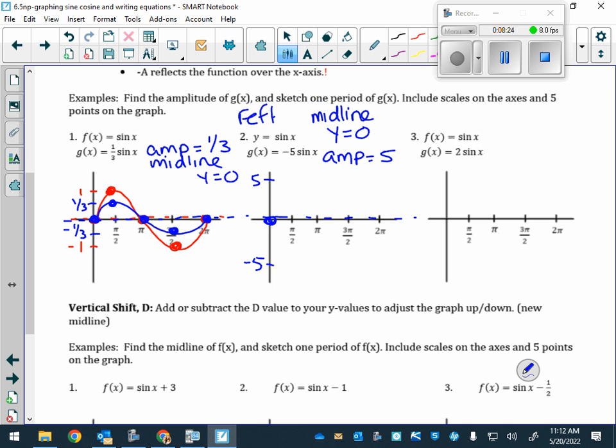Now pi over 2, where will I go? Excellent, because of reflection. Then pi. Where am I at pi? 0, good. 3 pi over 2, and then 2 pi. Good.